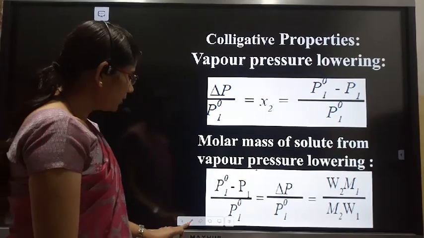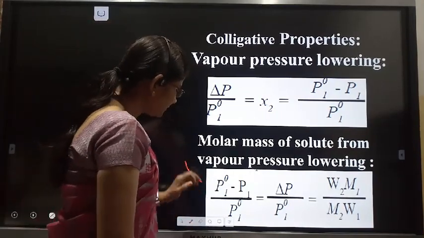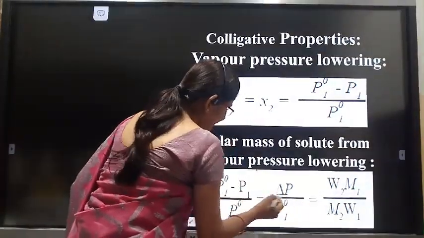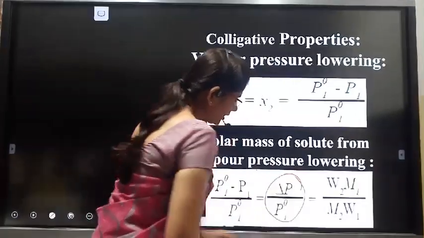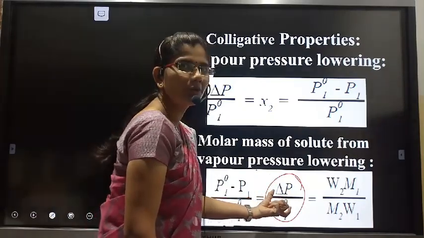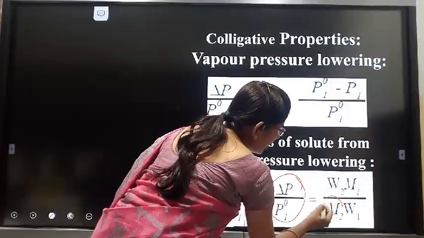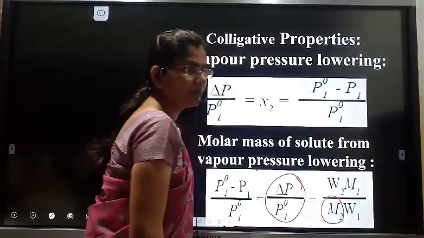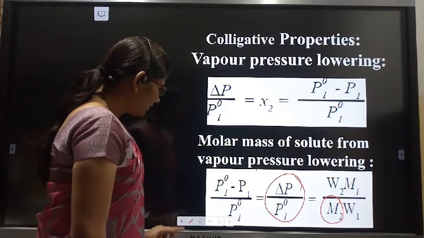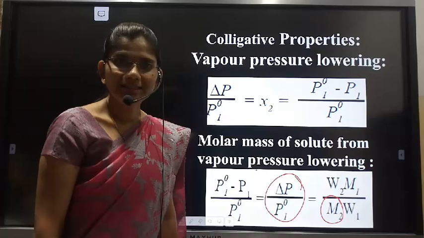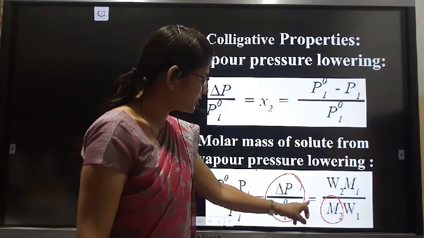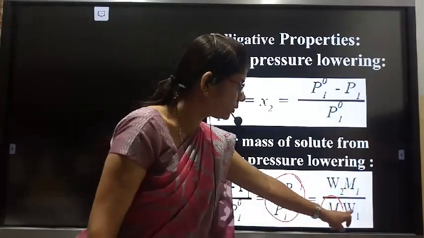From this relative lowering of vapor pressure we can calculate the molar mass of the solute, because the molar mass of the solute is denoted by M2, and they are related as delta P upon P01 equal to W2 M1 divided by M2 W1.